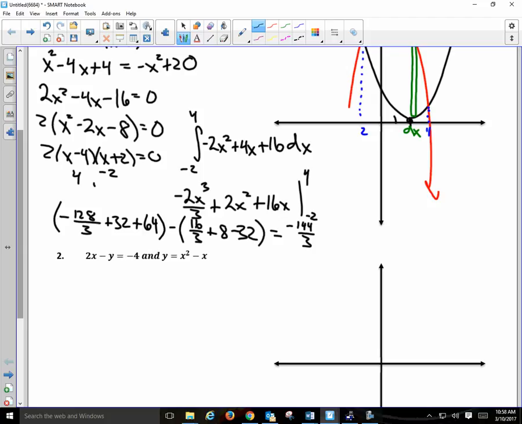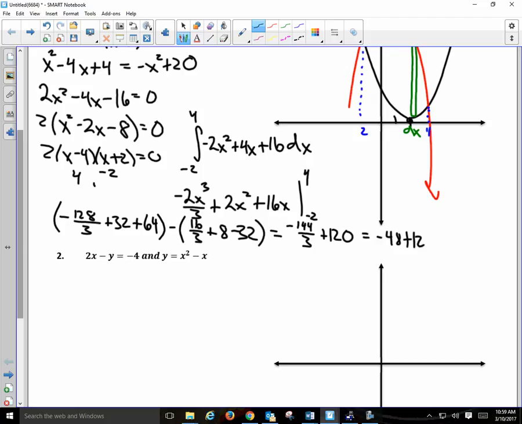Okay. 32 plus 64, 96 minus 8, 88 plus 32, 120. As Darren said, negative 144 divided by 3 is negative 48.